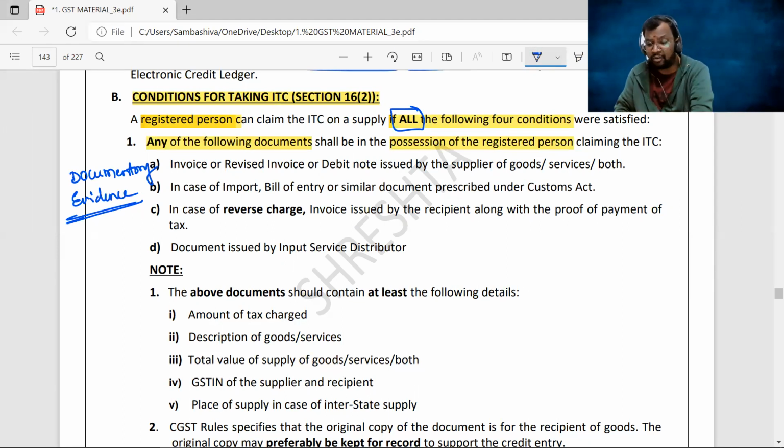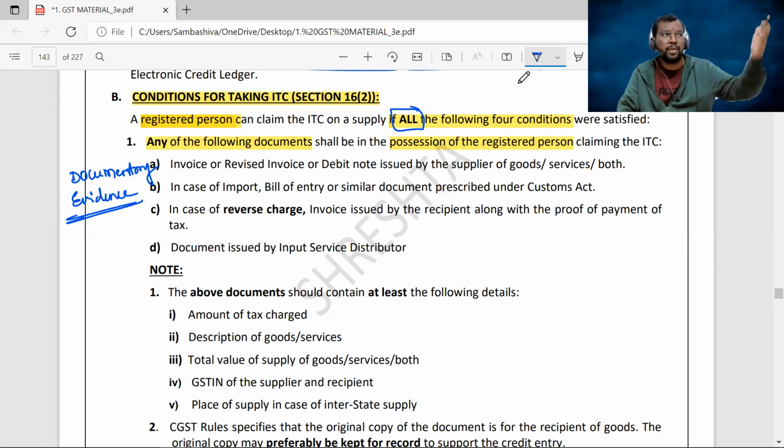You have to produce documentary evidence to the department. See, orally saying, "Dear department, I have purchased 10 lakhs worth of goods on which I have paid 1 lakh input tax, so let me claim that 1 lakh input tax as credit," then immediately the department will ask you, "We believe that you paid 1 lakh as input tax at the time of purchasing the input goods, but show me some evidence.